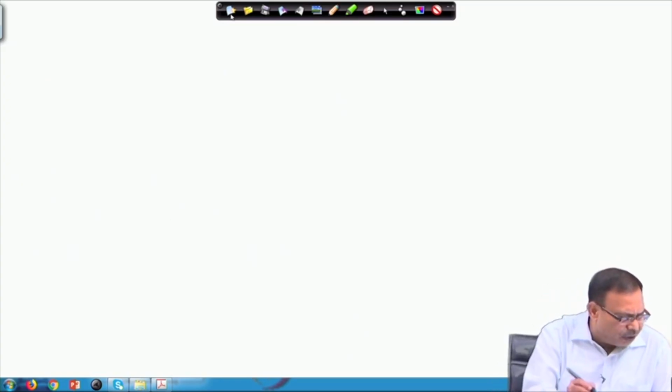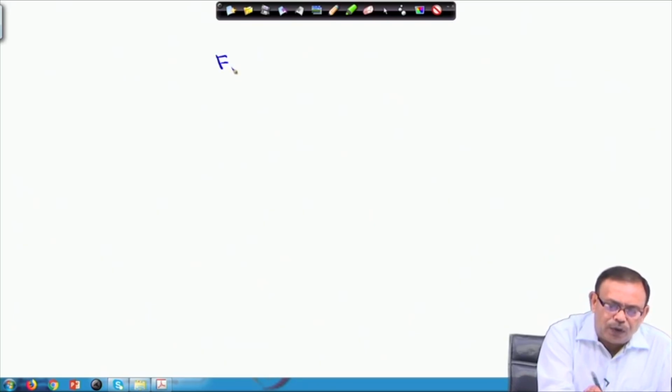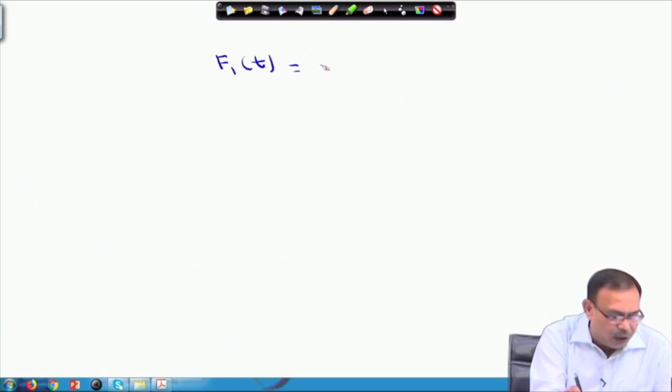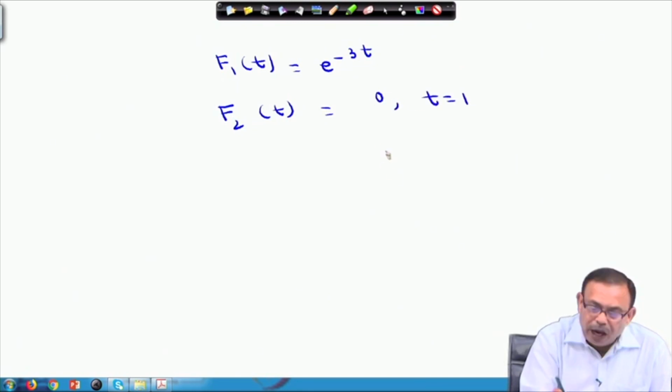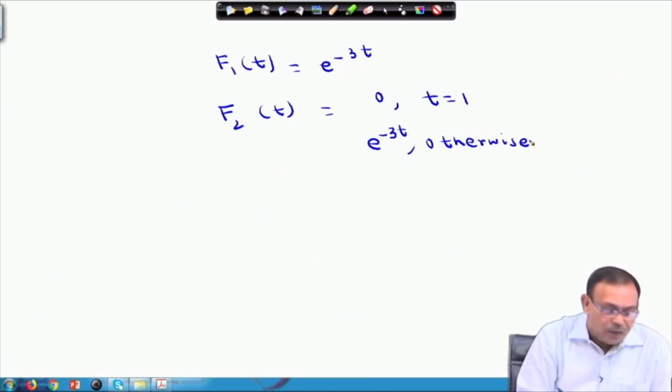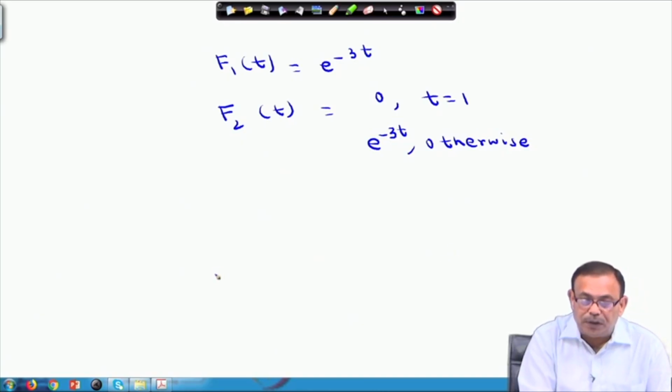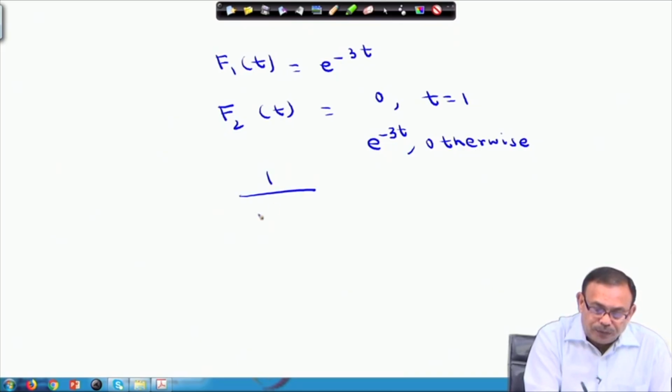Just like if you consider a function f1(t) equals e to the power minus 3t. You consider another function f2(t), which is equal to 0 at t equals 1 and e to the power minus 3t otherwise. If I take these two functions and you try to calculate the Laplace transform of these two functions, you will find that the Laplace transform of both are the same.